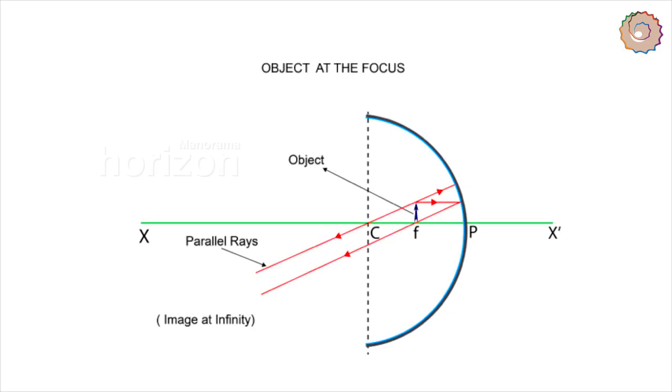Since these rays are being reflected parallel to each other, they are not going to meet. But please note, neither are these rays diverging. They are not going to meet, but they are also not diverging. We tend to see that parallel lines intersect at infinity. So we can say that the image in this case will be formed at infinity.